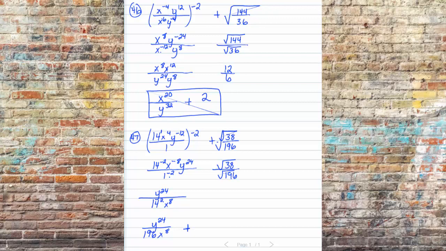And 2 times 19, both of those are prime numbers, so it's not going to simplify at all. The square root of 196, well, that's 14. So that's as simple as that term on the right is going to get. So we end up with square root of 38 over 14. And that's going to be our final solution for that problem. Y to the 24th power over 196 x to the 8th plus square root of 38 over 14.